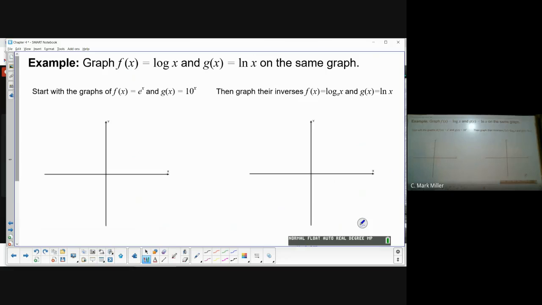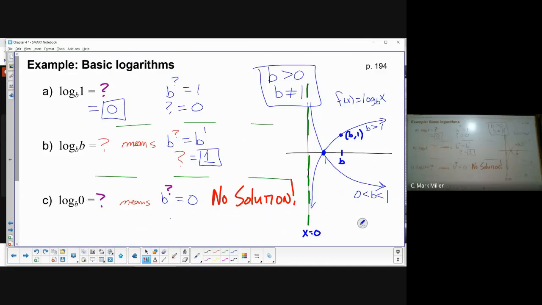Question. It says to write on the same graphs here, e to the x and 10 to the x. Maybe when I put the log graphs up on the right, we haven't had that. Maybe we're coming to it.